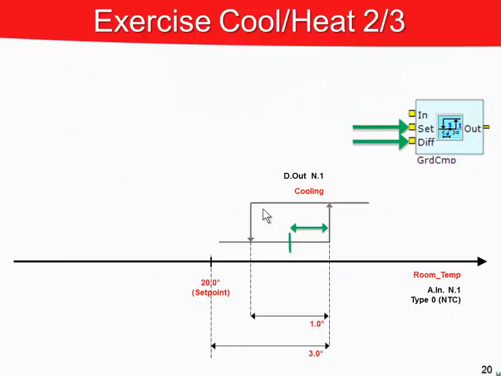It's a little bit more complicated to calculate the central value. That is set point plus the offset, that is 3 degrees, minus the half of the differential, this one that we have already calculated.